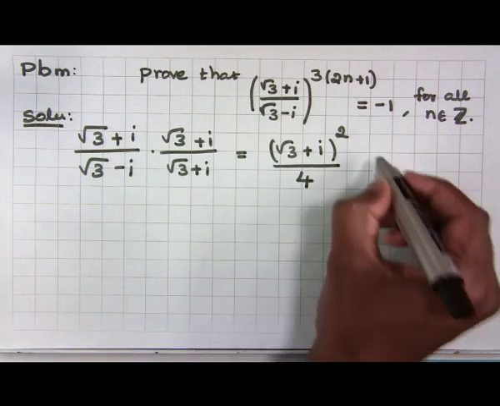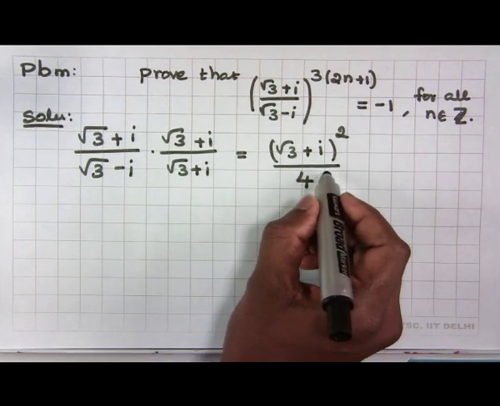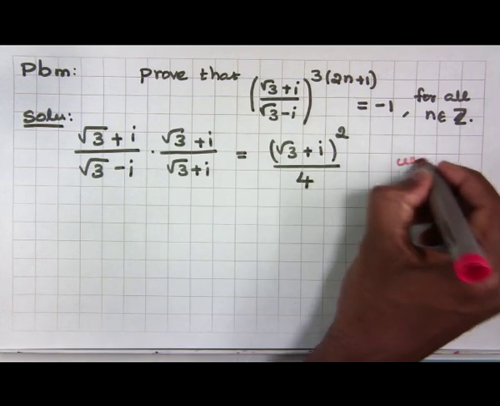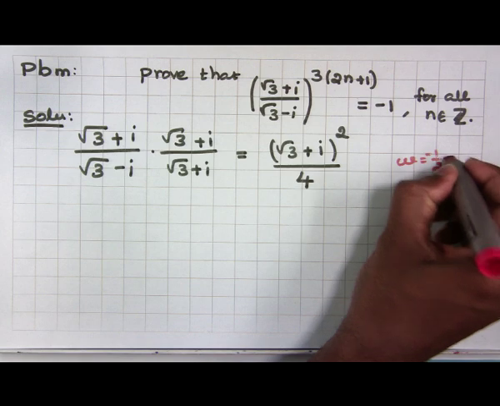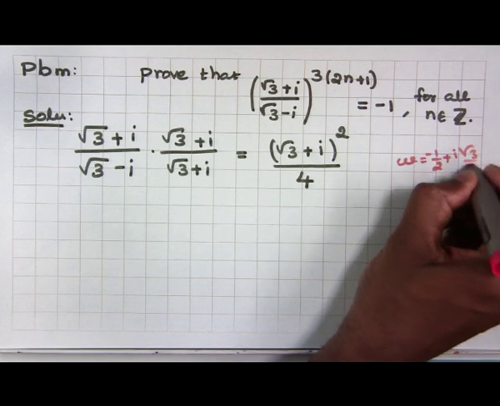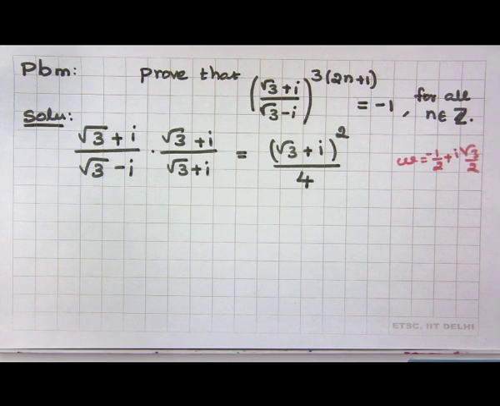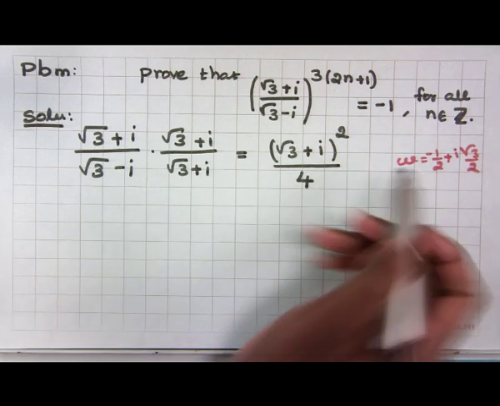Now, recall the value of omega: omega is −1/2 + i√3/2. Now, we see that this expression is almost close to this.